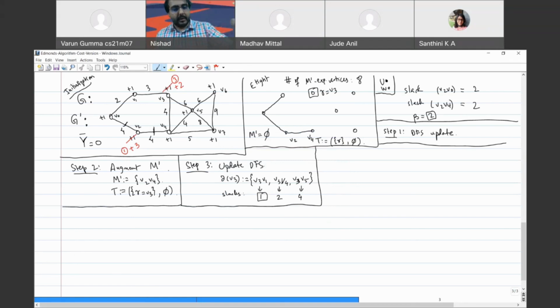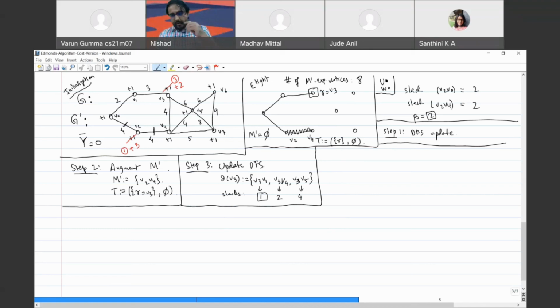So this becomes a tight edge, and now this is our tight graph. And our matching, I want to remind you, it's a single edge. This is our matching.